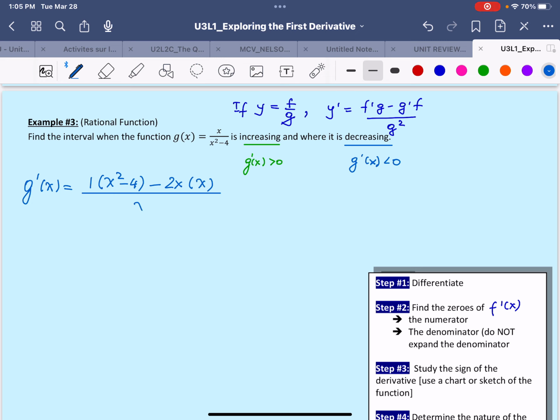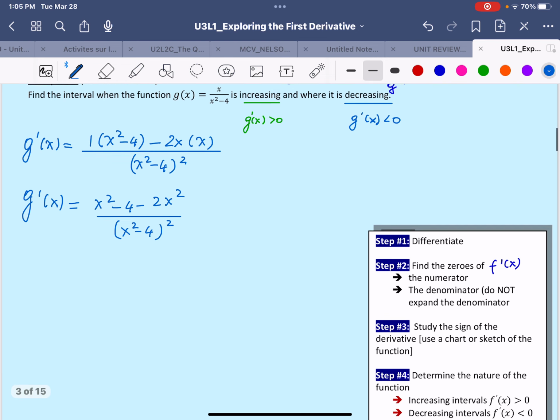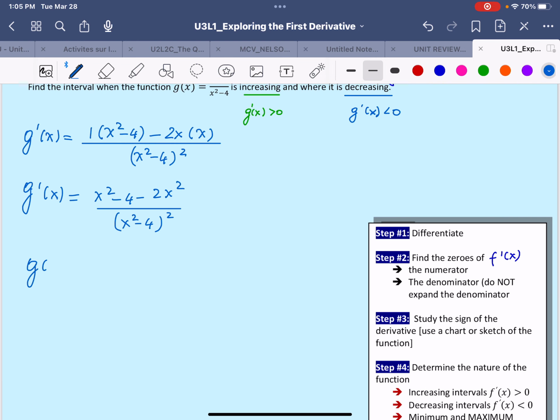The denominator will be to the power of 2, so x squared minus 4 squared. Let's simplify this. So we have x squared minus 4 minus 2x squared, divided by x squared minus 4 to the power of 2. Simplify some more, and we get negative x squared minus 4 divided by x squared minus 4 to the power of 2.